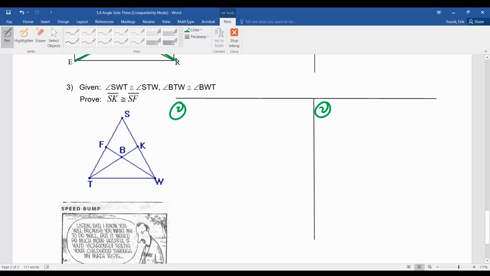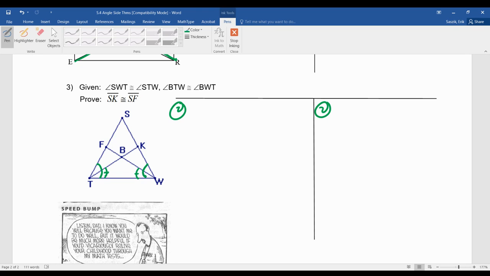Okay, let's go to this last one. We've seen this type of diagram before, right? It's very common. So this big angle SWT is congruent to STW, and then it says this little angle BTW is congruent to this little angle BWT. Now, there's multiple ways of doing this problem, okay?